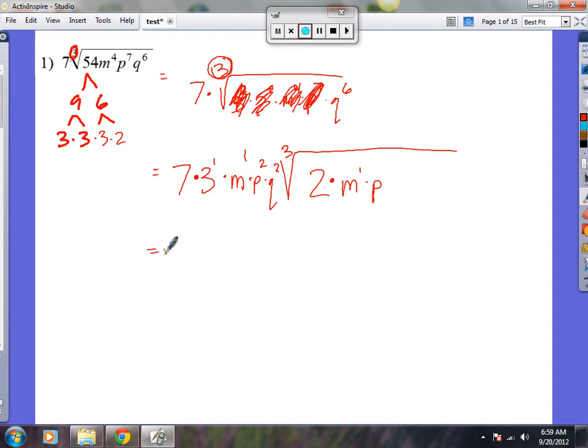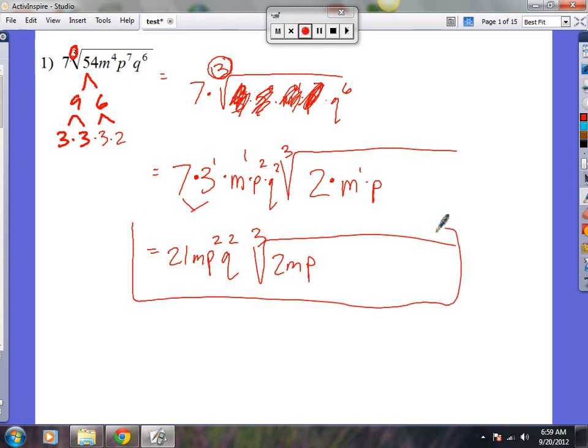So on my outside, I'm going to have a 7 times 3, so I've got 21 M P squared Q squared. And on the inside, I've got a 2, an M, and a P, and that is your answer.